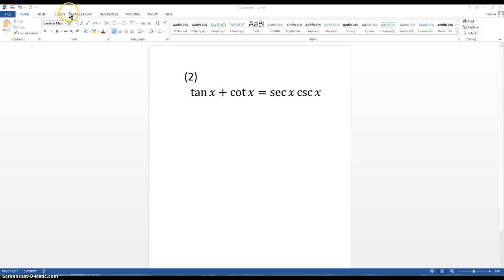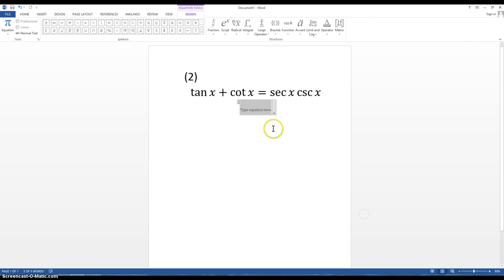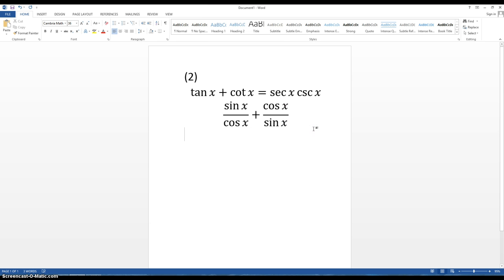So if I rewrite my left-hand side, my first part I will get sine of x over cosine of x plus, and then cotangent can be rewritten as cosine of x over sine of x. Alright, we got that part?